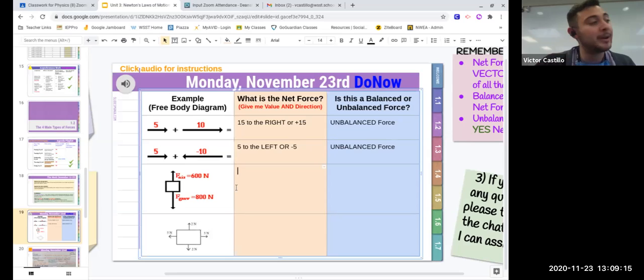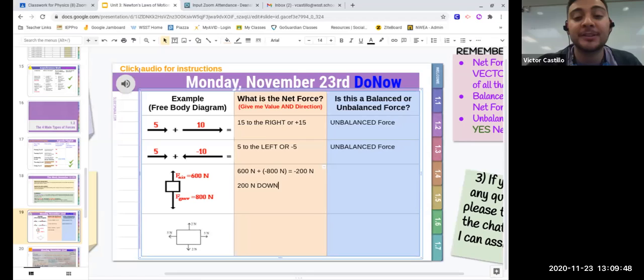Now, the next one right here, we have 600 newtons facing north, and we have 800 newtons facing south, or facing down. Now, we do the same thing. Since the 800 newtons is facing down, it's actually facing the opposite direction. So we're taking 600 newtons plus negative 800 newtons, which will equal negative 200 newtons, also known as 200 newtons down.